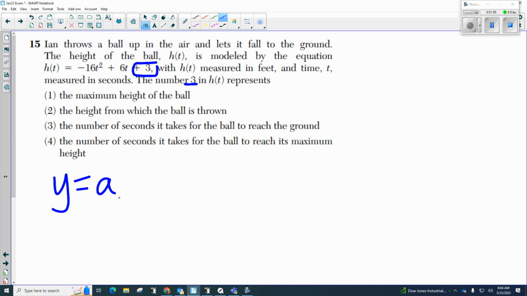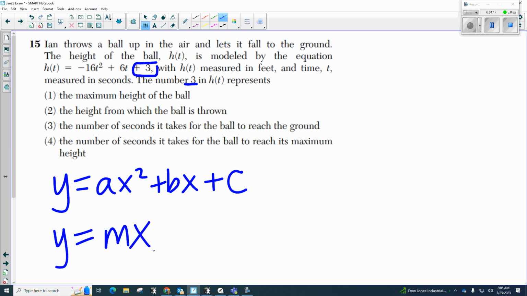First, I want to relate it to equations. This is like the general form of a quadratic equation, kind of similar to y equals mx plus b, right? We have this y equals ax squared plus bx plus c.